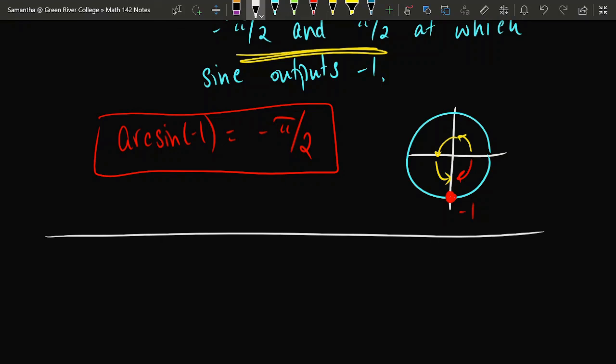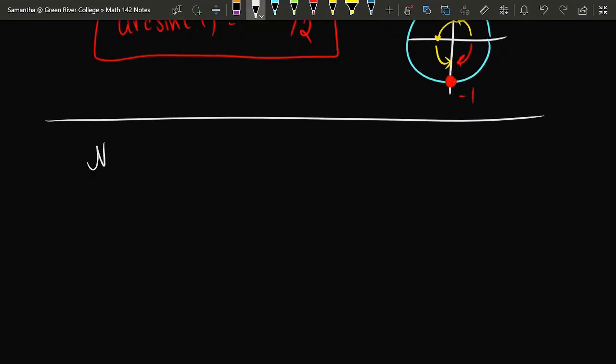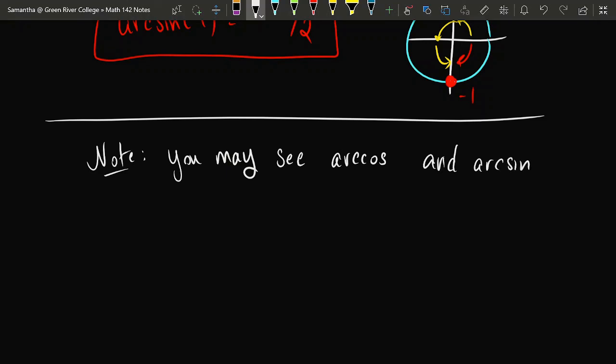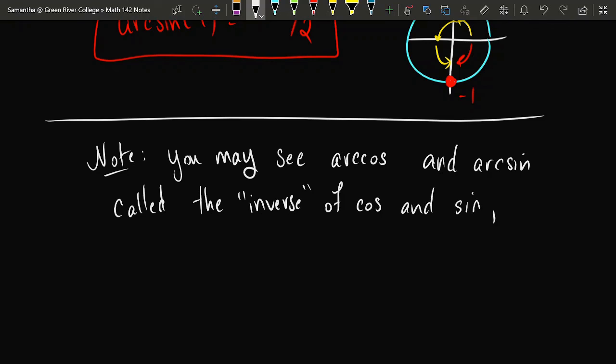But it's not common for other people to be this careful with their terminology, and so you may and probably will see arccos and arcsine called simply the inverses of cos and sine, even though cos and sine technically don't have inverses.